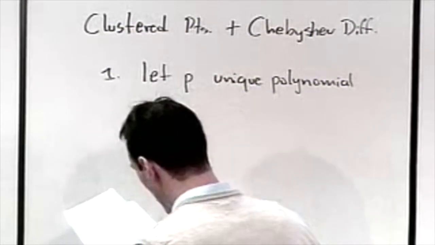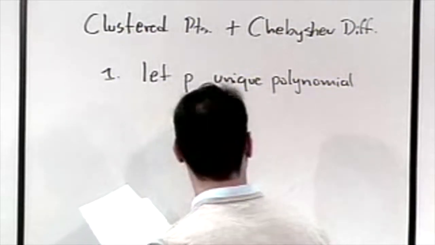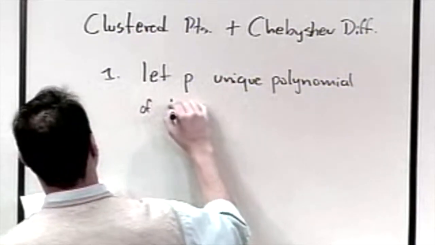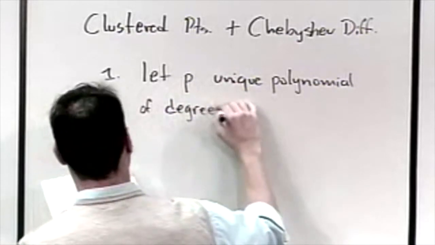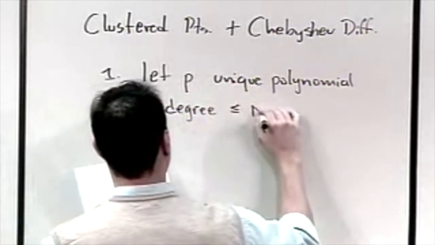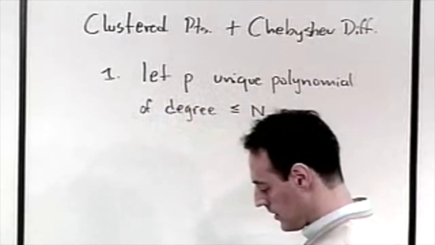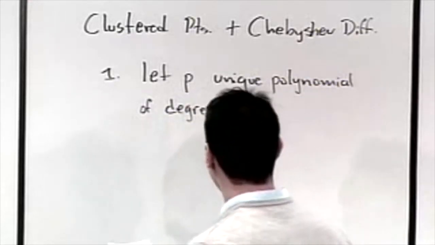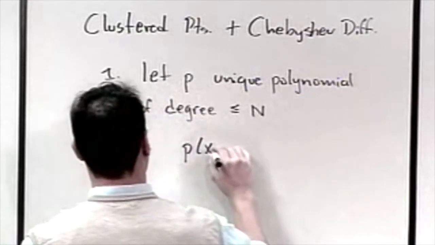So P is our polynomial of degree less than or equal to n, let's say, with P of x_n equal to v of x_n.